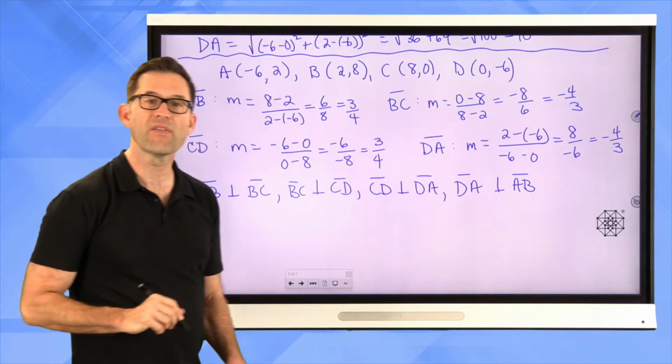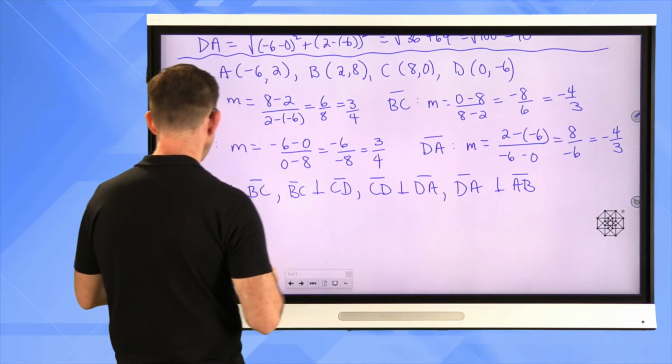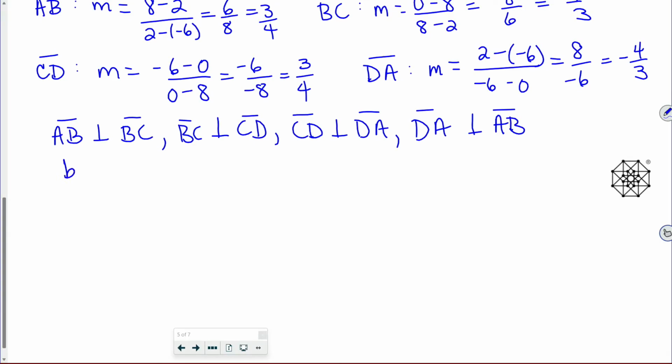And why can I say that? I can say all of that because slopes are negative reciprocals.